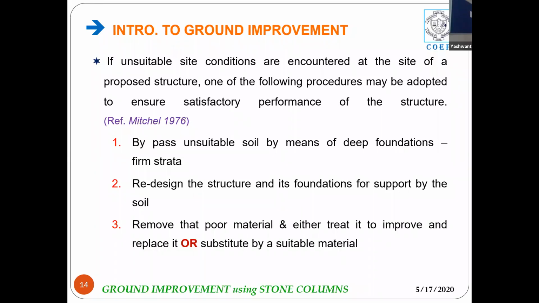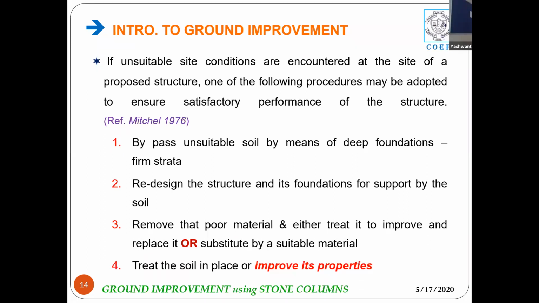So again, redesigning means recalculation, and everything will come into the picture. The third method he suggested was removing the poor material and either treating it to improve it and replacing it. So you have an option to remove the entire poor material or a part of it, treat it, and replace it with suitable material.